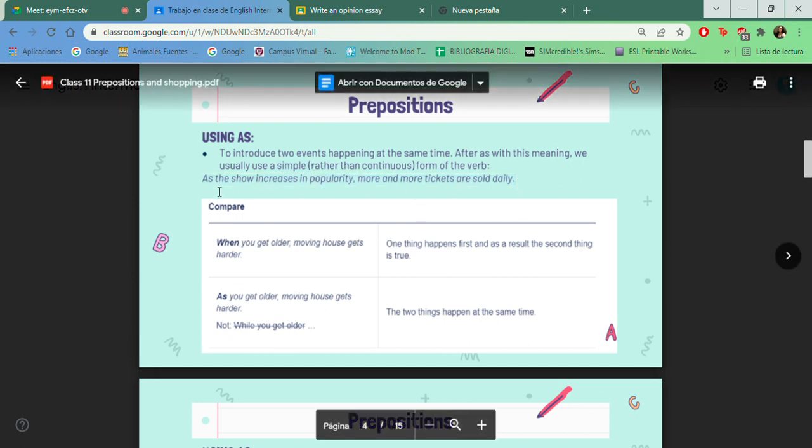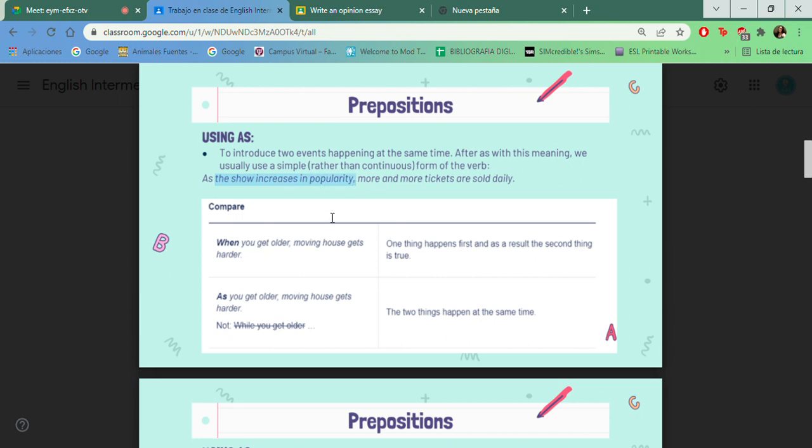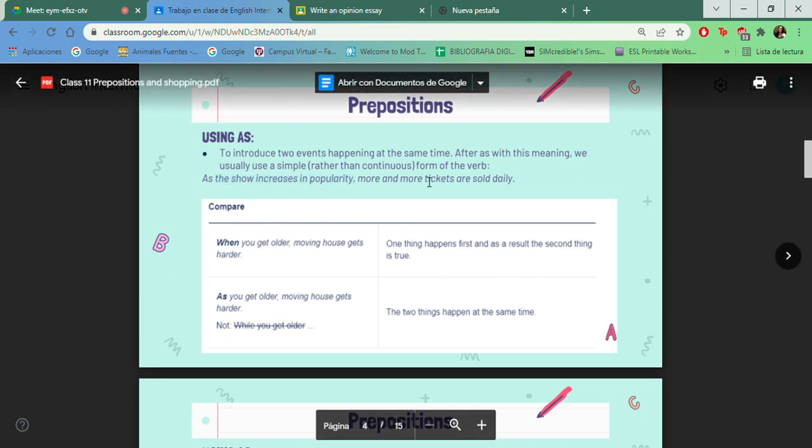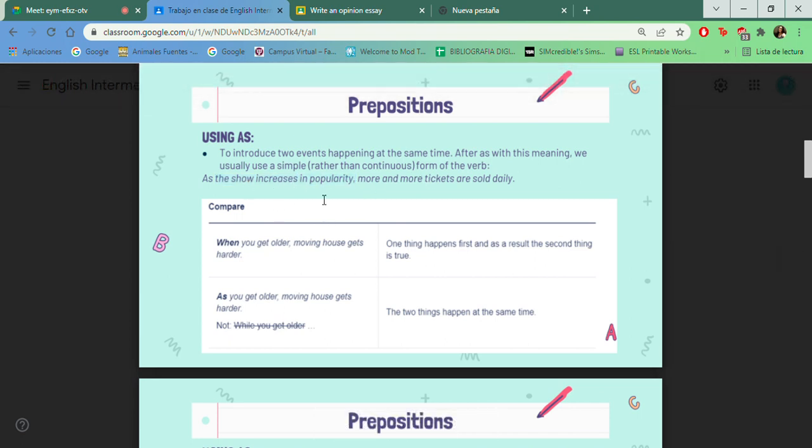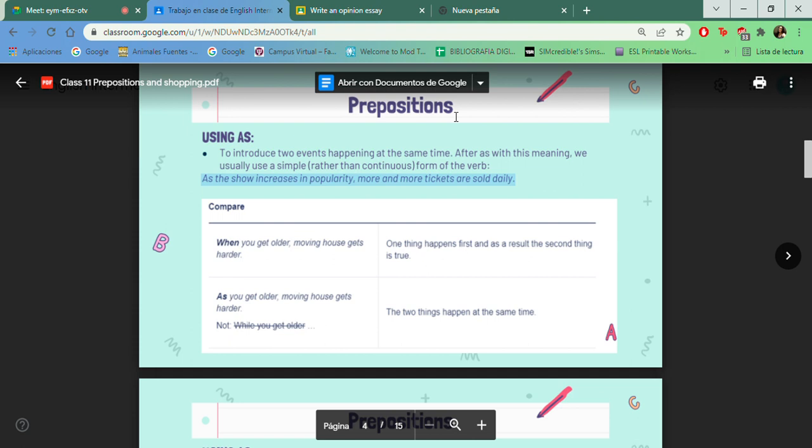So you introduce two events that maybe are cause and effect, right? In Spanish, we would say mientras, right? But for this particular situation, you only use as. For example, as you get older, moving house gets harder.